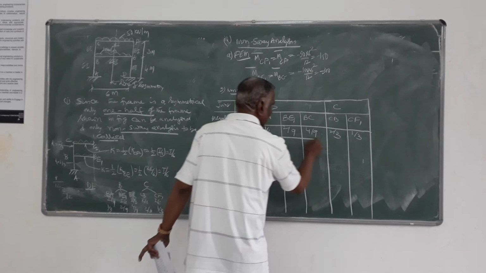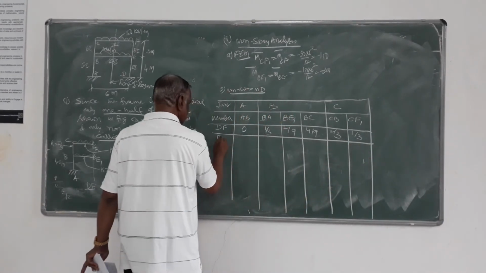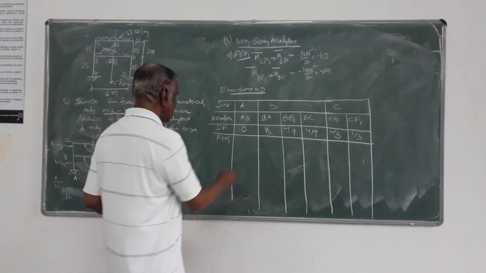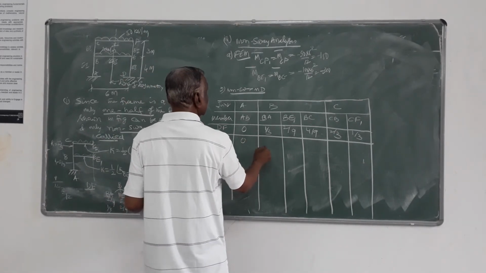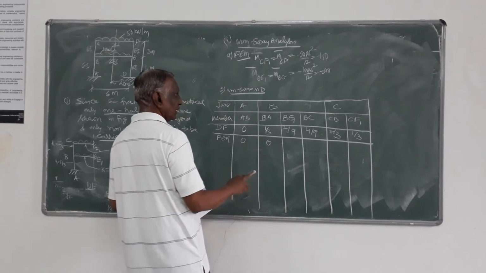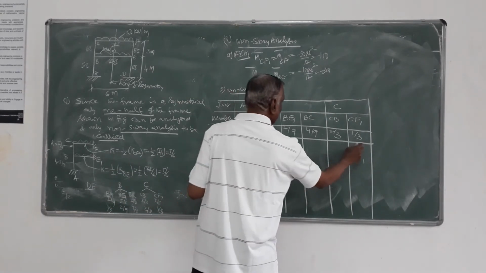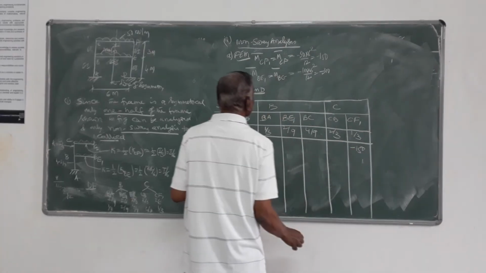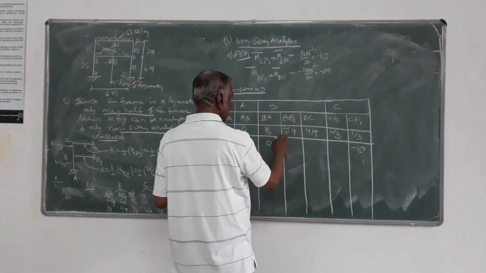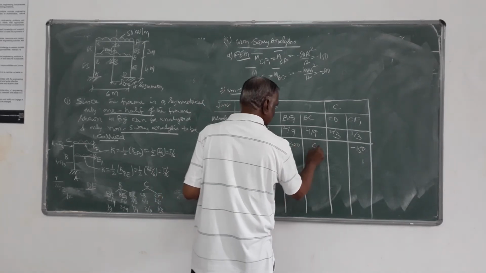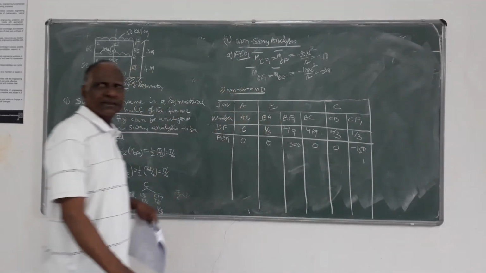Then the fixed end moments: that is 0 here, 0 here, and only in CF you are going to get minus 150. Then BE, B is here, it is minus 300. The rest are all 0.